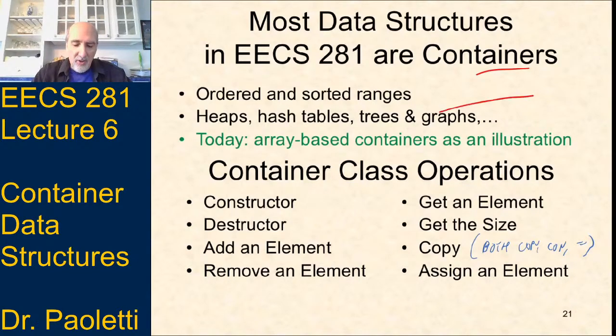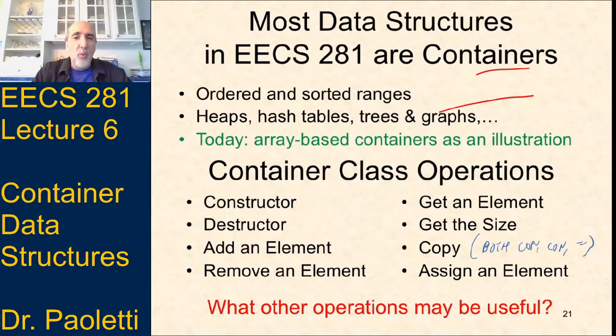And what other things might we want to do with a container? If you were making a container, what would you like to be able to do with your container? Maybe you'd like to be able to display the contents. Like, I'd like to be able to say cout less than dict, the name of my dictionary, and have the whole contents go to the screen.